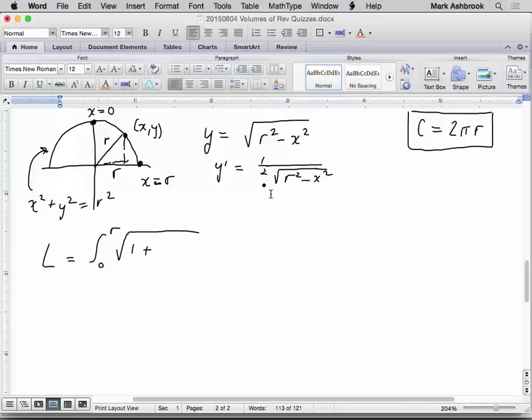By the chain rule, we also have negative 2x. So it's going to be 1/2 that thing to the negative 1/2, so I just made it a square root in the denominator, and then by the chain rule, times negative 2x. That's our derivative of our top half of the circle function.